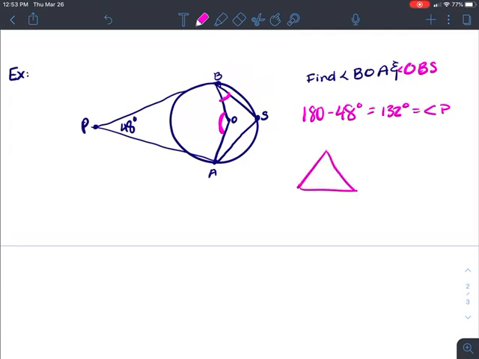I've got S, B, and A. It's OBA. I'm going to use the fact that angle O is equal to 132 degrees.